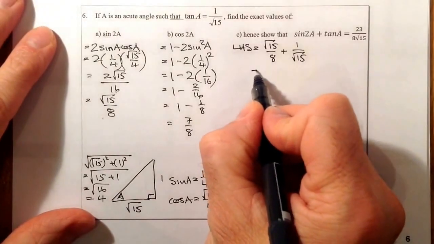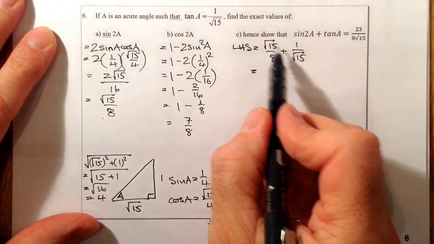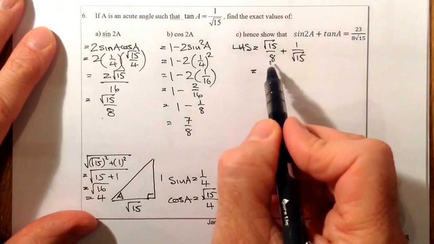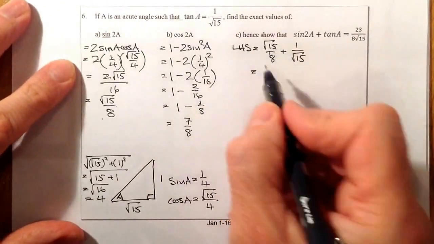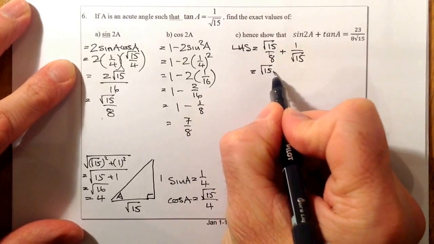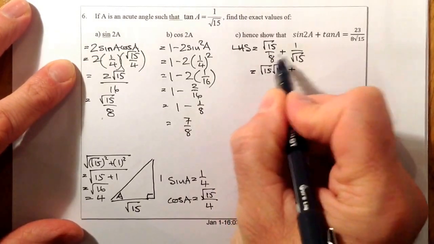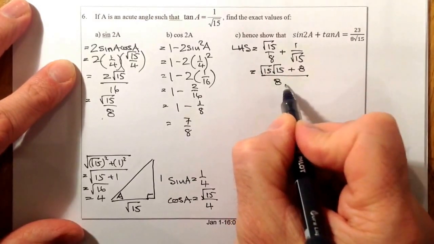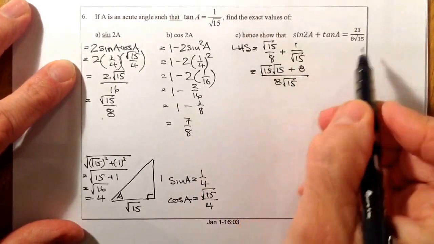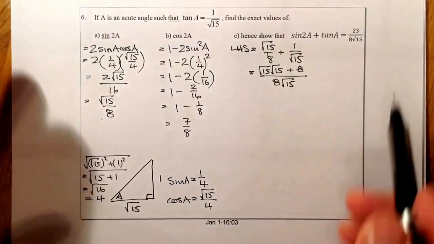What we'll then do is gather this together as a single fraction, so just multiply across that way, multiply that way, and multiply here to get the denominators the same. So I've got root 15 on the top, times root 15, plus 8 times 1 just gives me 8, all over 8 root 15. So I've got 8 root 15 on the bottom, so that's quite good already.